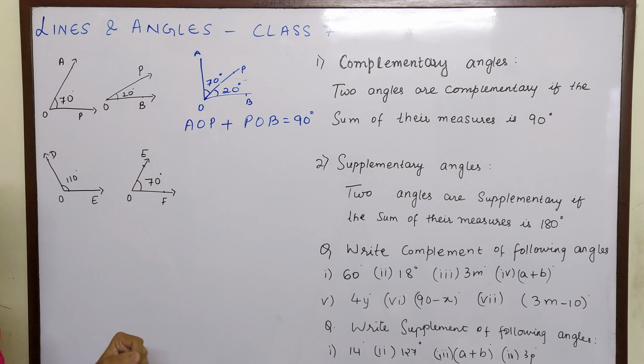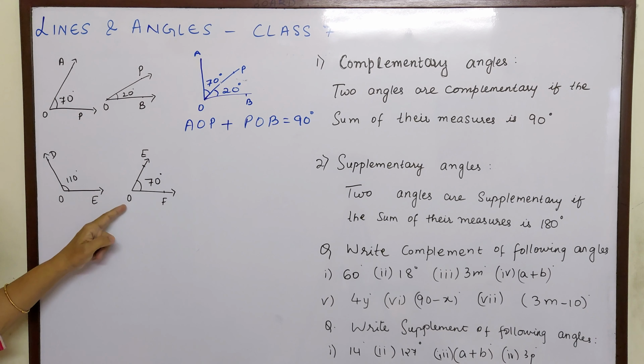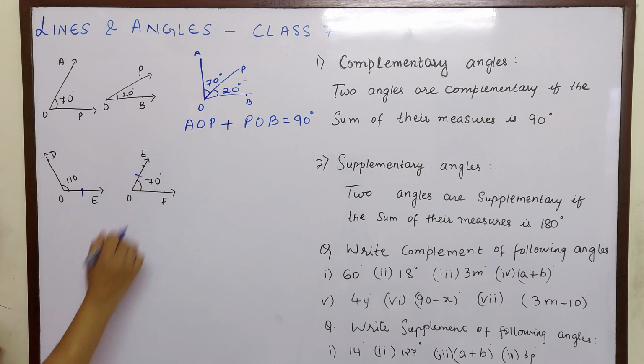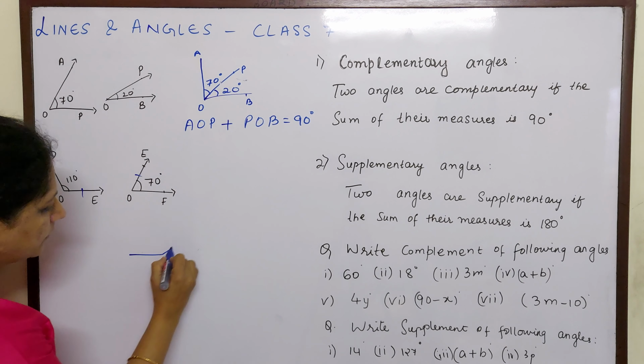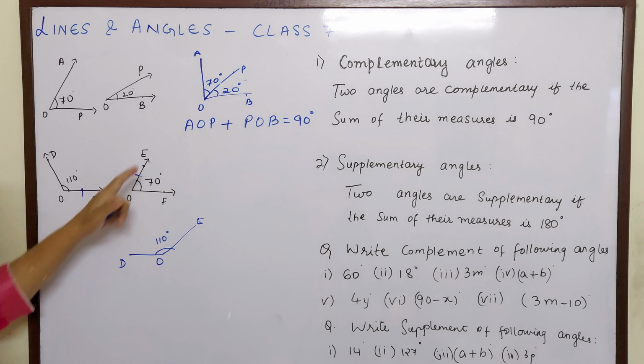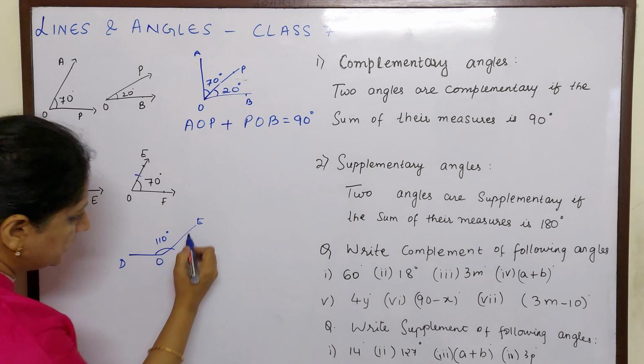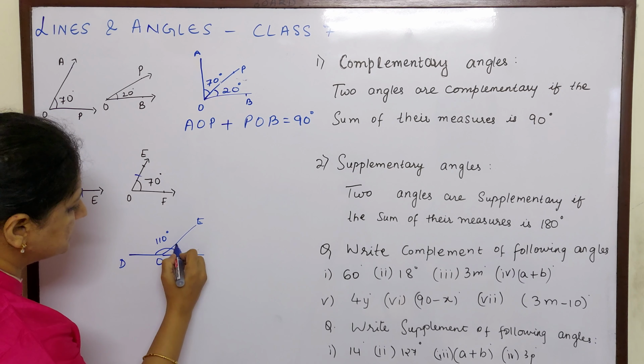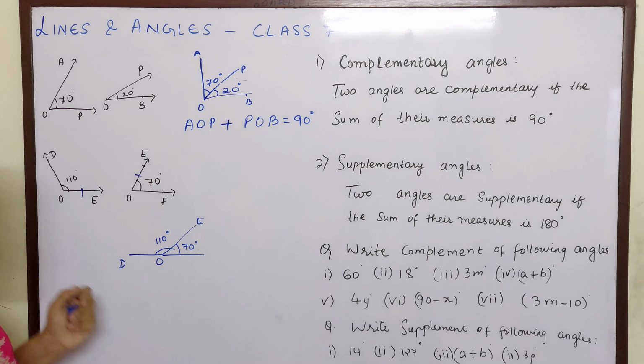Now let us go to the next, supplementary angles. Here it is written that DOE is 110 and EOF is 70. OE is common in both, so let us merge them together. DOE, because it is an obtuse angle, is 110 degrees, and EOF is 70 degrees.